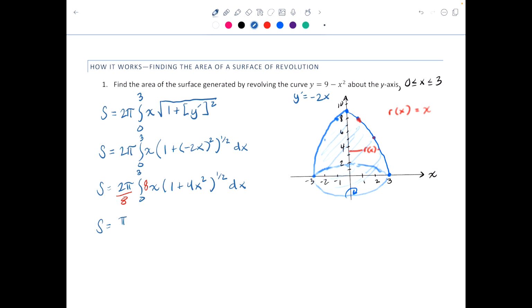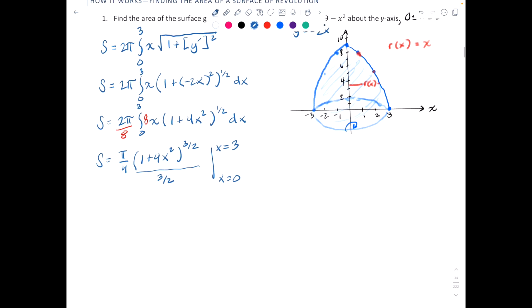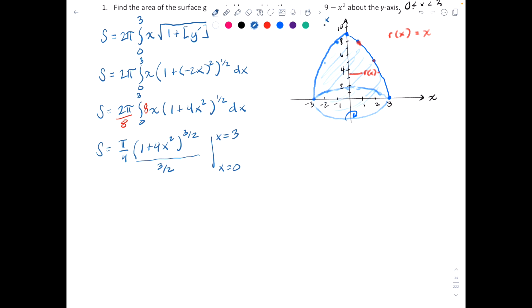We'll have pi over 4 when we simplify, and then we'll have the quantity 1 plus 4x squared raised to the 3/2 divided by 3/2, evaluated from x is equal to 0 to x is equal to 3. And when we invert and multiply, we will have 2/3 times pi over 4, which would be pi over 6.